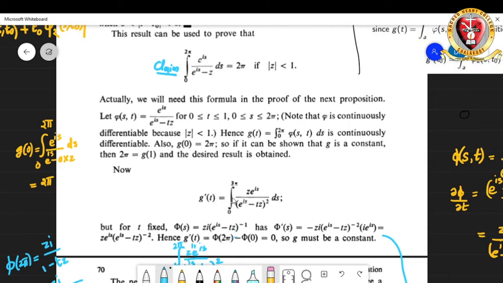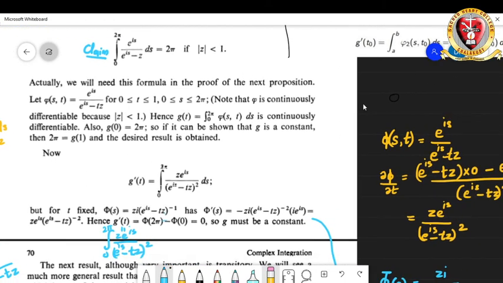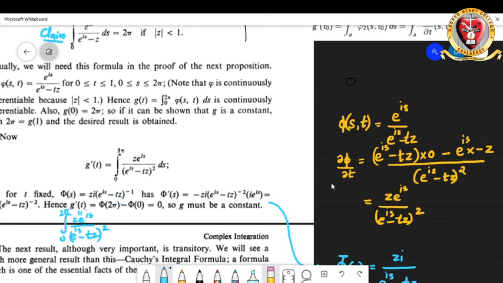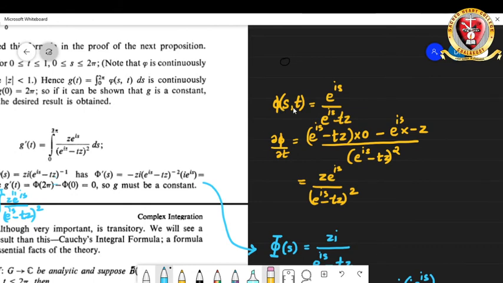So g′(t) is nothing but the integral from 0 to 2π of ∂φ/∂t ds, and we know what φ(s,t) is: e^(is) divided by (e^(is) − tz). So ∂φ/∂t, using the quotient rule, is z e^(is) divided by (e^(is) − tz) squared.